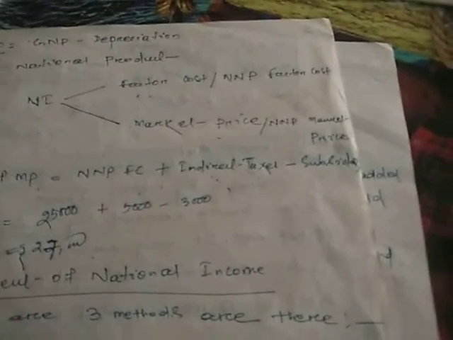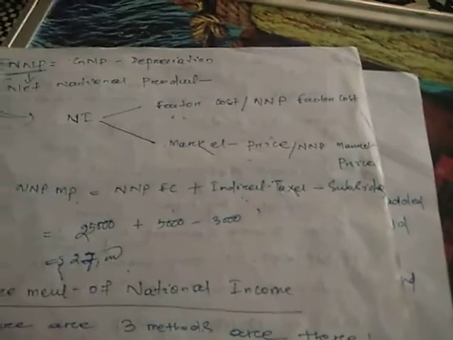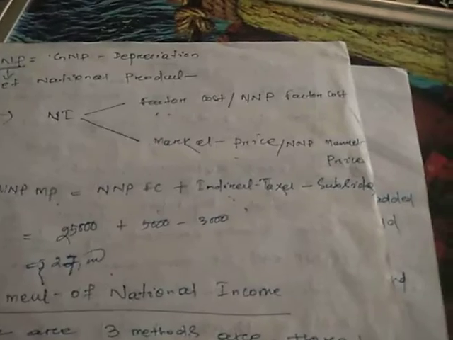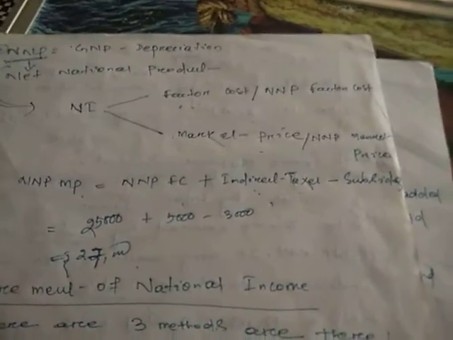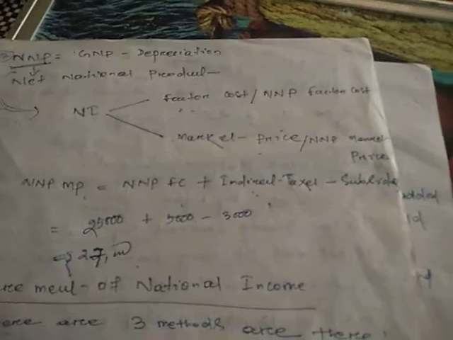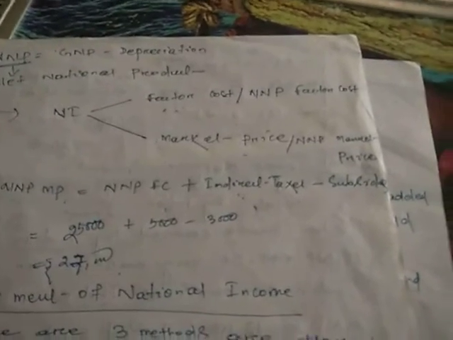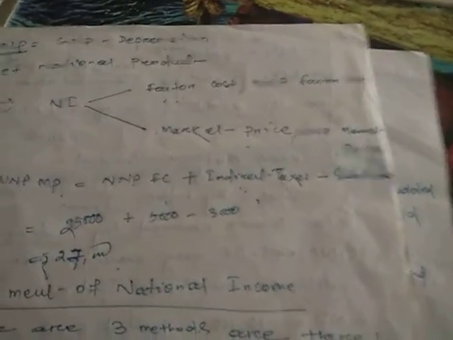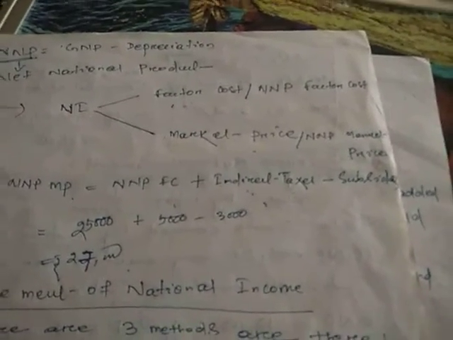When you use a mobile, when you use a television, any item we use, we have to pay some taxes, that is known as indirect taxes, right? Indirectly, the government collects the amount of taxes from the public in that way.